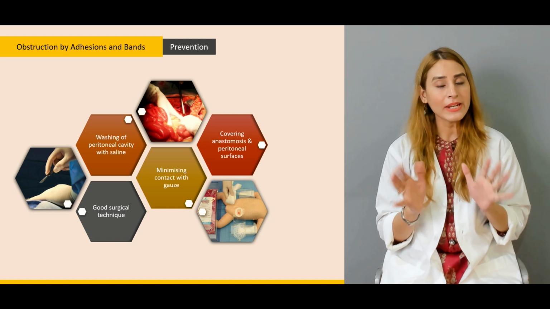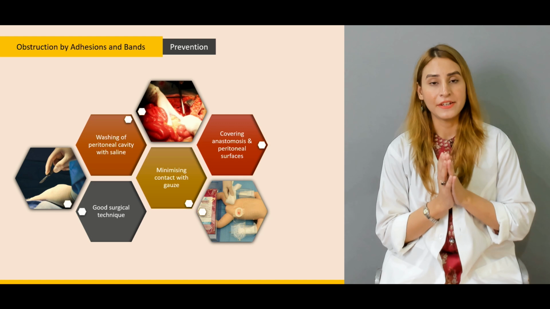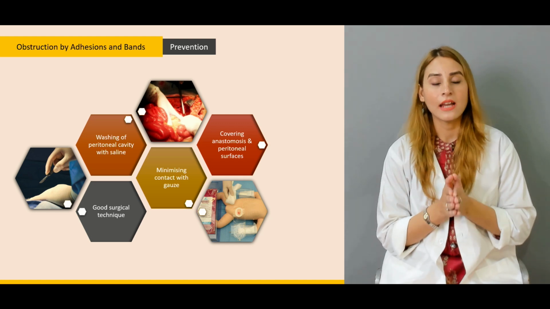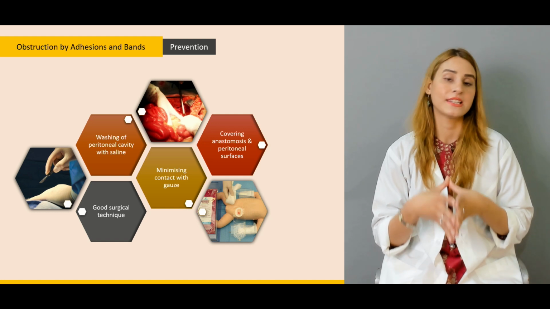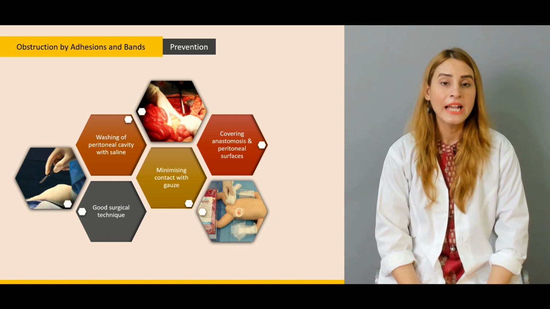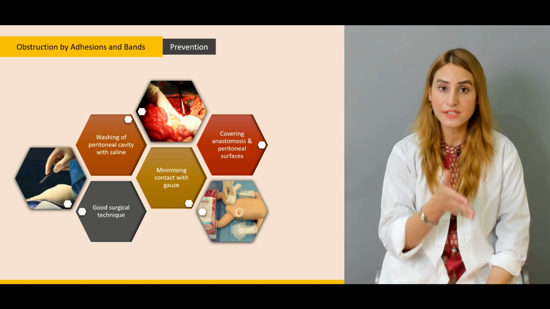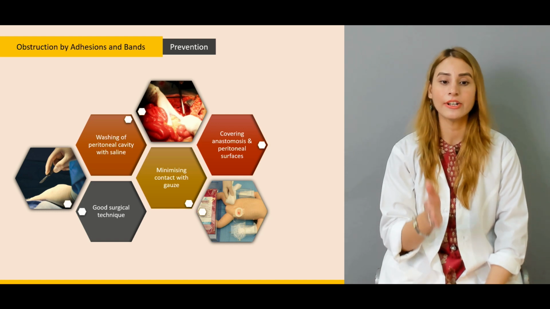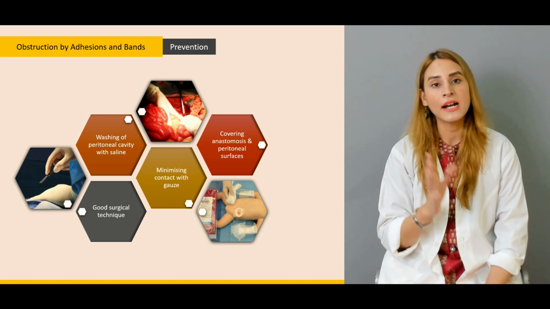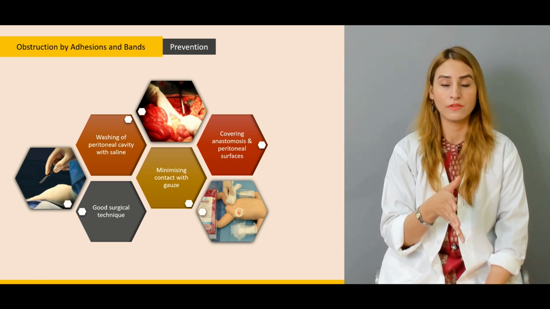We know that post-surgical adhesions are very common, and we know that these adhesions and band formation then lead to intestinal obstruction. So if we want to avoid all these complications, we have to use a good surgical technique. We have to use a good surgical suturing material. We have to minimize the contact with the gauzes, and we have to do the peritoneal wash.